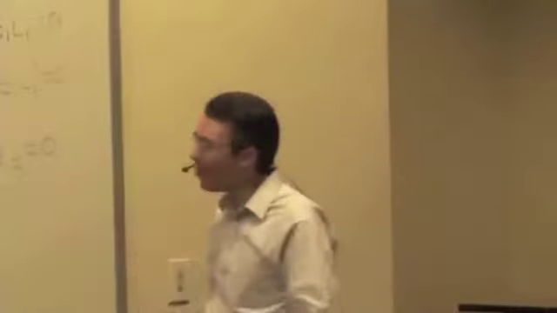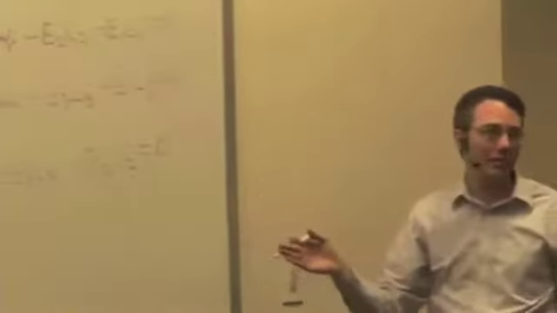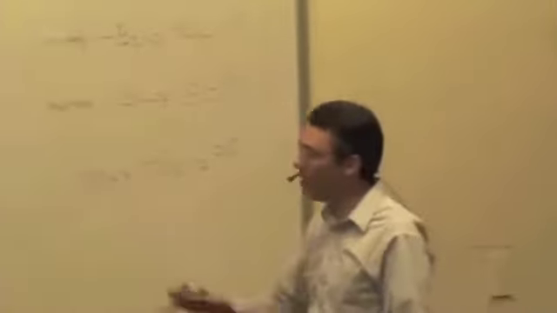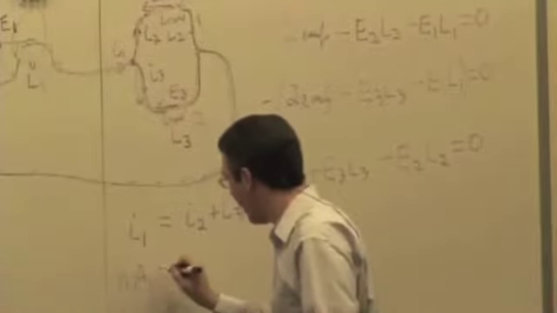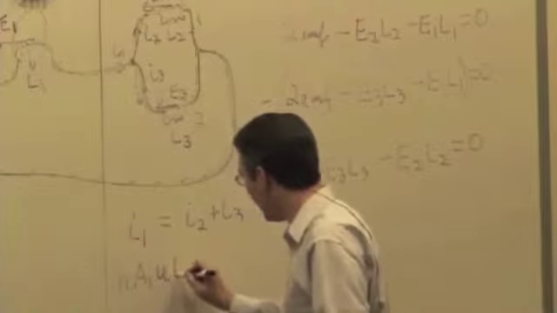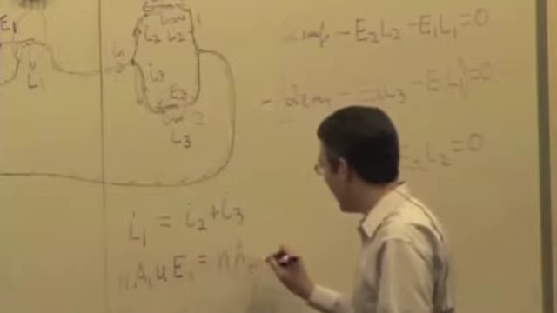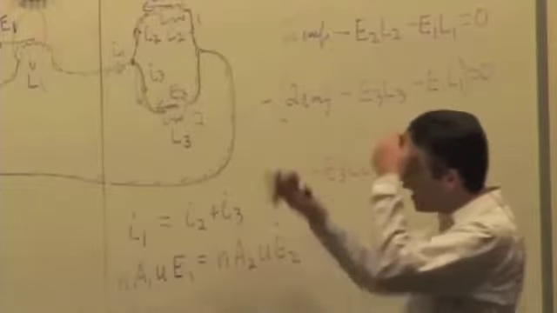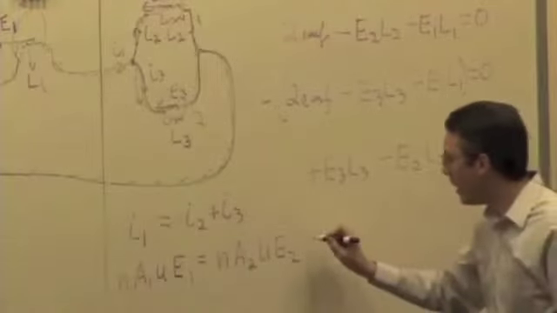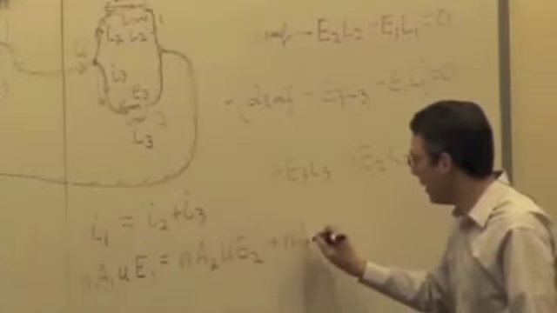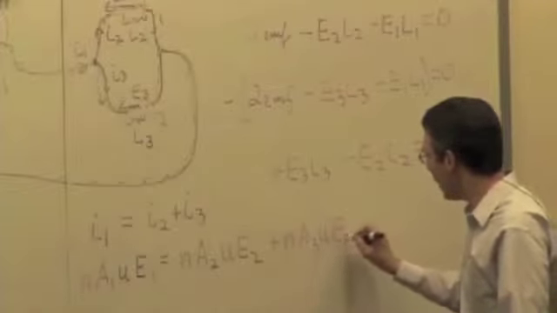So maybe it was worded a little bit unclearly, but once we have a node rule equation, we can solve this system. Well, we've got to put this in terms of electric fields, right? So we have N A1 U E1 is equal to N A2 U E2, and I'm assuming that the N's and U's are the same for these light bulbs and just the area is different, plus N A3 U E3.